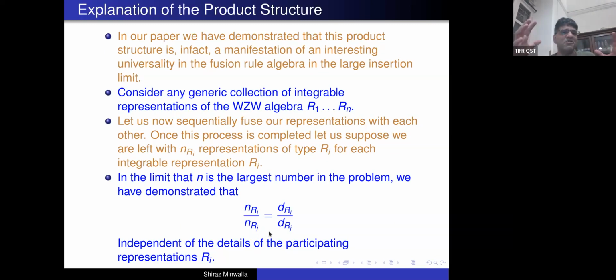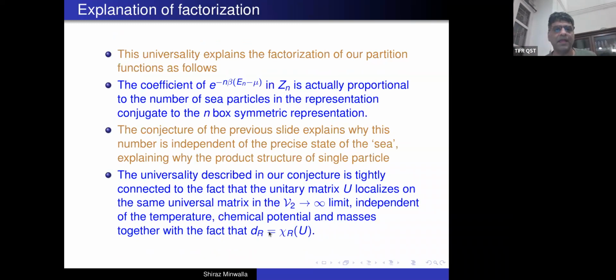It doesn't depend on the details of the initial representations that you fused. This universality explains why we got a product of partition functions. The explanation is simply that, well, I'm running out of time, so I won't give you that explanation. It's written on the slide, but it's an immediate consequence of this universality.